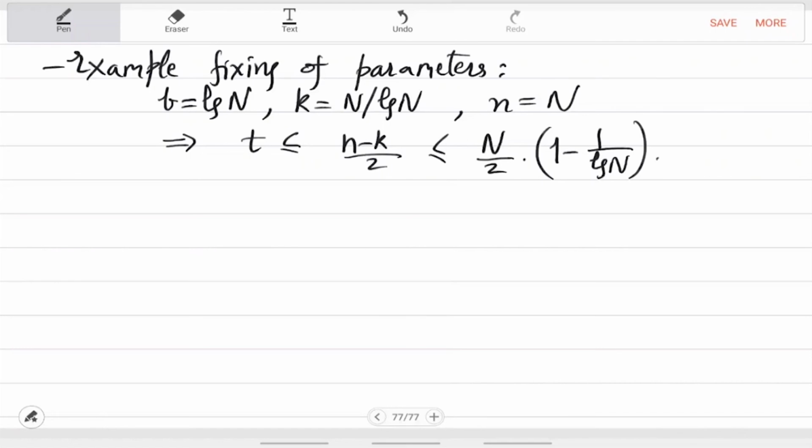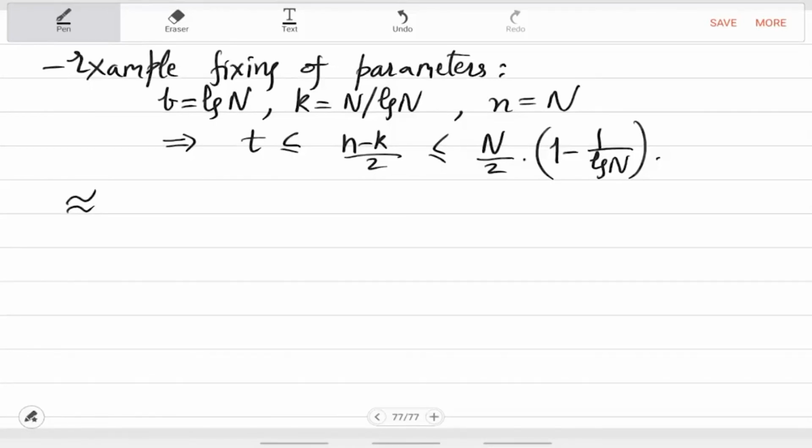So you can get extremely close to n by 2, here big N by 2. So in the finite field alphabet, you are stretching n by log n to n, right? So it's a very minor stretch. So by stretching n by log n to n and working over a finite field whose size is n as well, you are able to correct errors close to 50% in the finite field alphabet, right? That is the result.